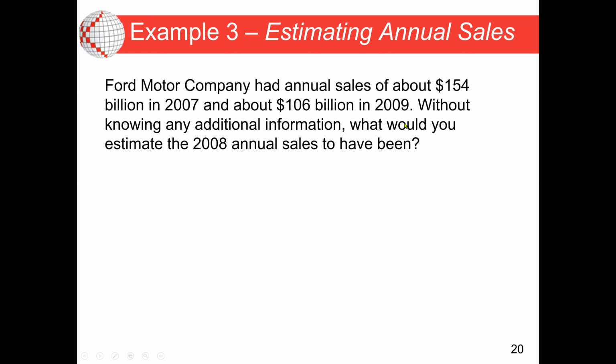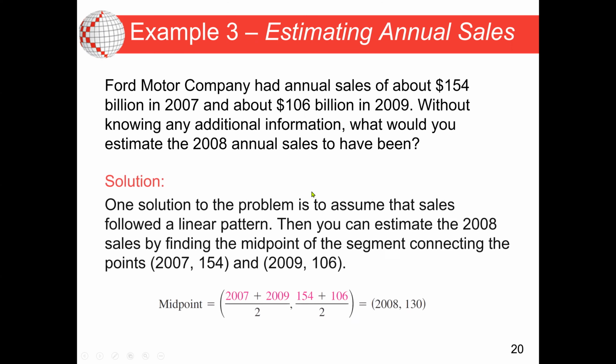So what we can do here is that if we take 2007 plus 2009 divided by 2, we will get 2008. So the same thing we're going to apply for the values, 154 plus 106 divided by 2, and that will give us the average.